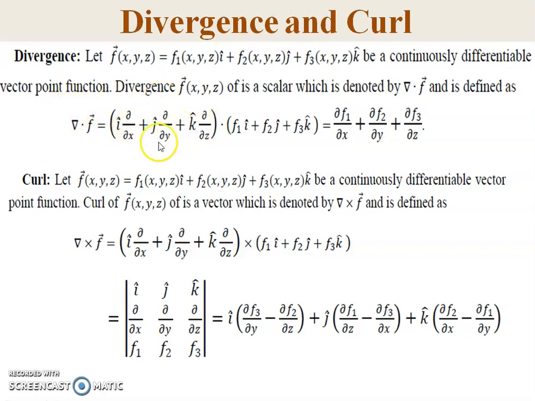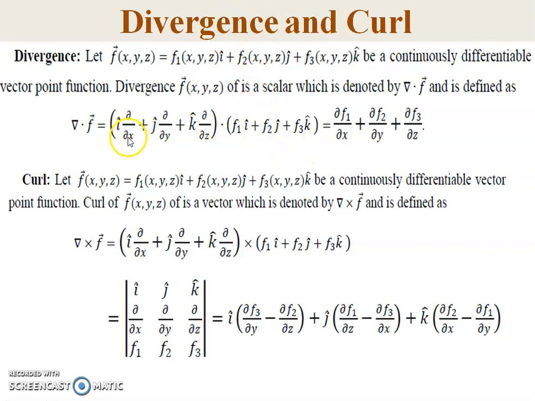Del is simply an operator. If we take the dot product, i · i becomes 1, that means ∂f1/∂x + ∂f2/∂y + ∂f3/∂z. Very simple, this one.